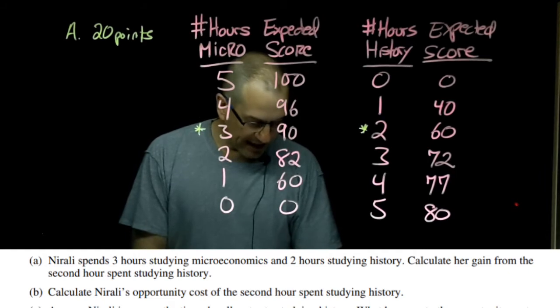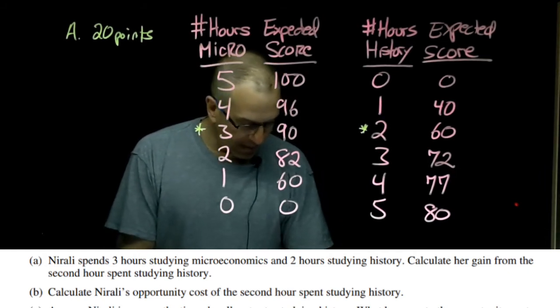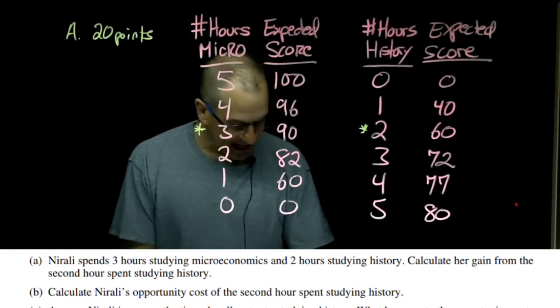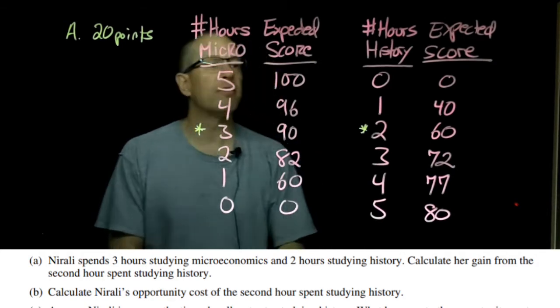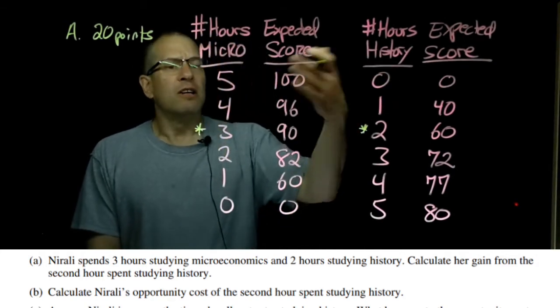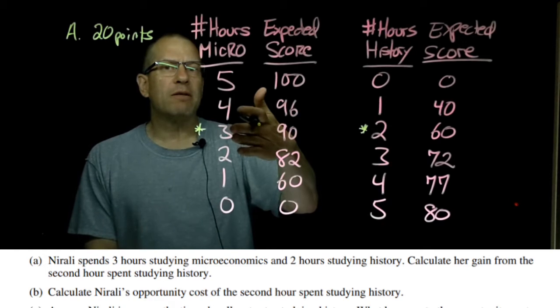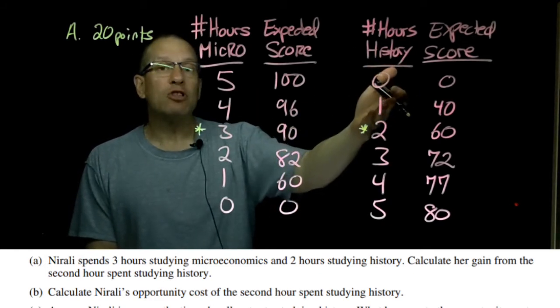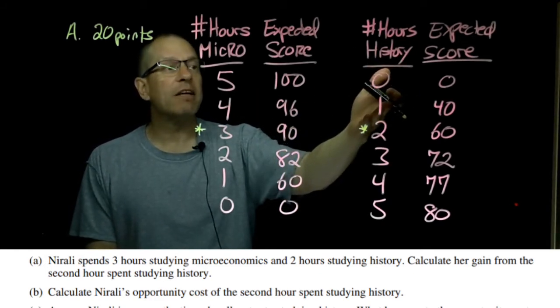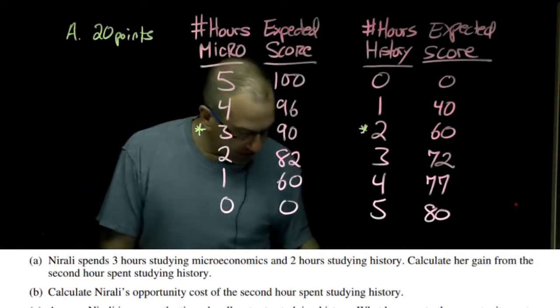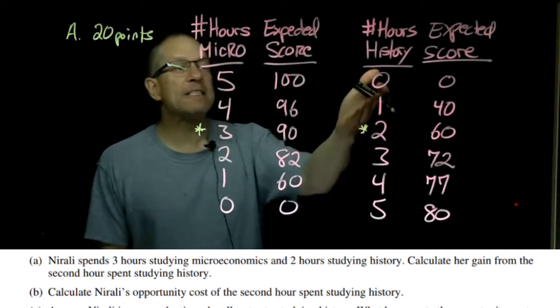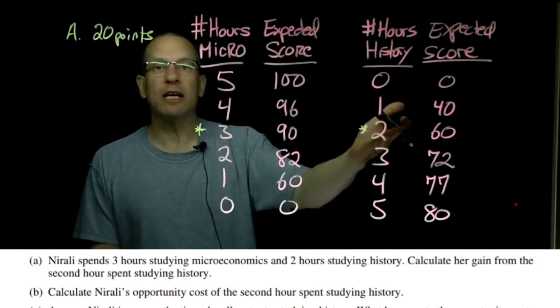B says, calculate Naraili's opportunity cost of the second hour spent studying history. So, she has 3 hours studying microeconomics. She had 1 hour studying history, and they said calculate the opportunity cost of that second hour of studying history.